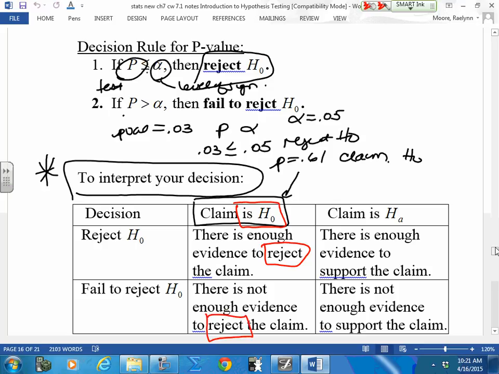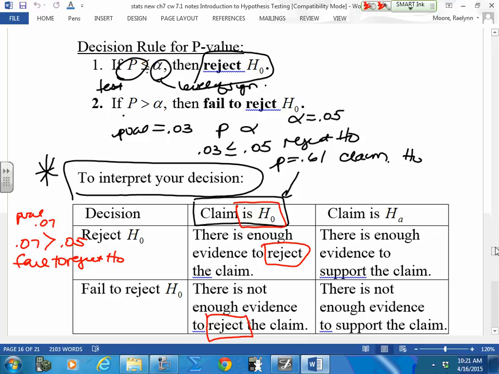So if my claim is H0, and let's say now my p-val was 0.07. So here I am at 0.07, I'm comparing it to 0.05. 0.07 compared to 0.05 is greater than. So now my decision is fail to reject H0.